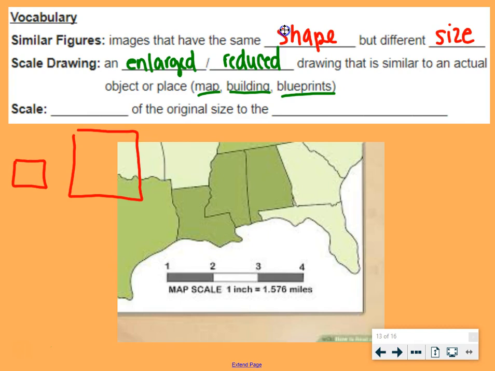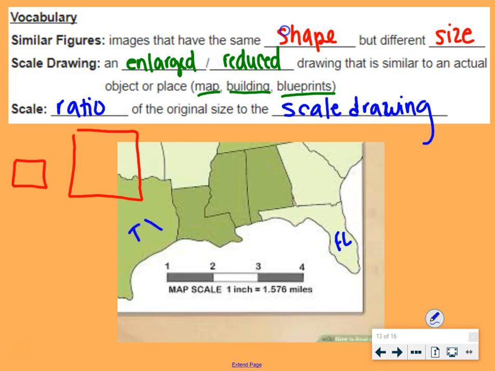And then the scale. The scale is the ratio of the original size to the scale drawing. So down here, if you look at this map, it's kind of the map of the United States. Here's Florida. It's the bottom half.